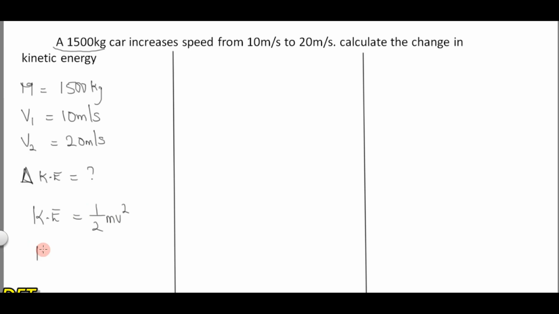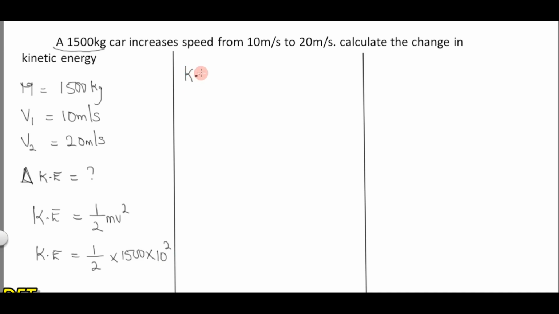So my kinetic energy will be equal to 1 over 2 times the mass of the car, which is 1500, times the first velocity with which the body was moving, v1. So that will be 10 squared, right?